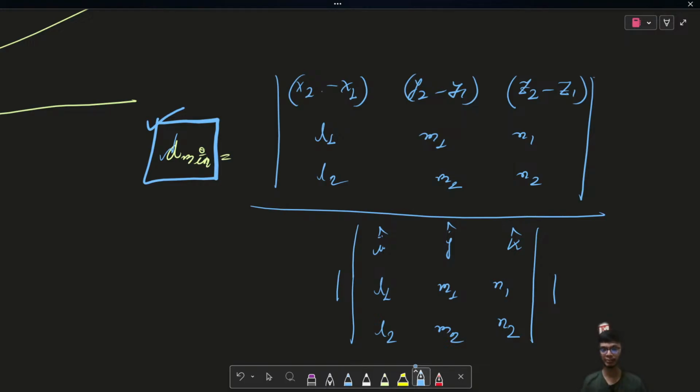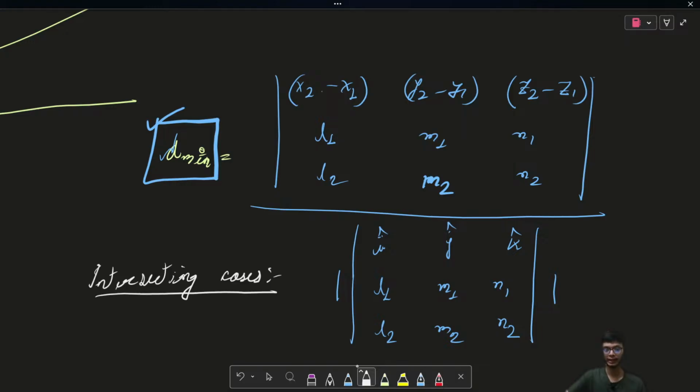Now, another very interesting thing here: from here, you can obtain the condition for intersecting lines. What if the lines are intersecting? If the lines are intersecting, then your minimum distance equals 0.